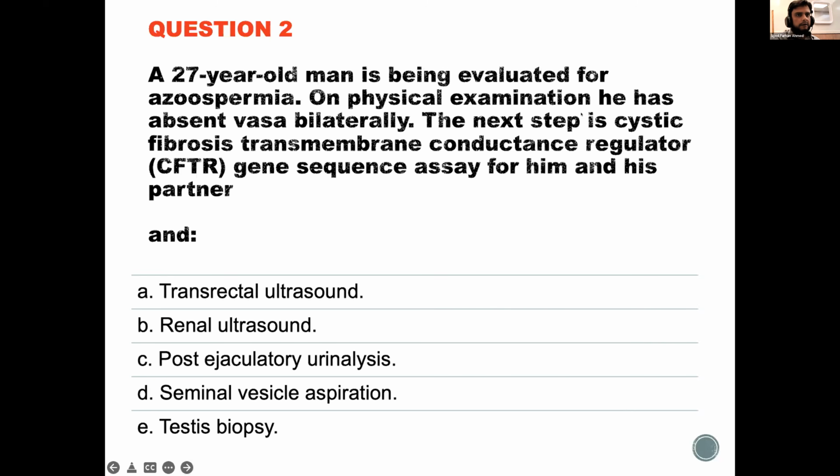Yes, sir. When we find a CFTR gene sequencing assay, we have always seen that there are absent kidneys on the ipsilateral side, mostly when these patients present with these gene sequencing findings. So renal ultrasound is one of the reasons, but for a patient who comes from the infertility point of view, the question arises of what we can do further.